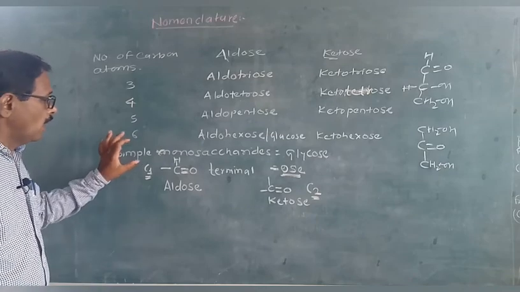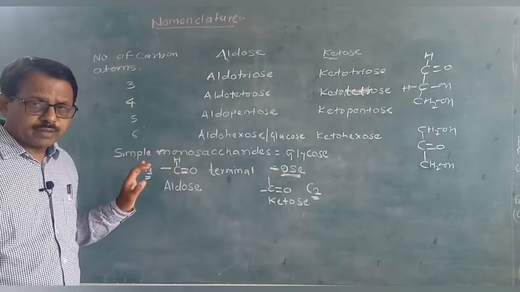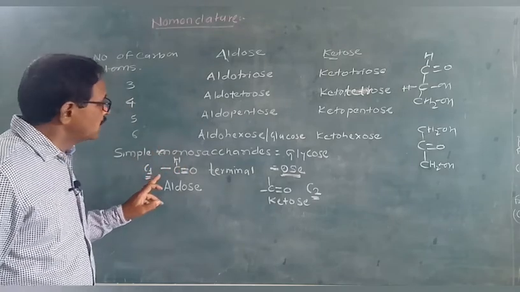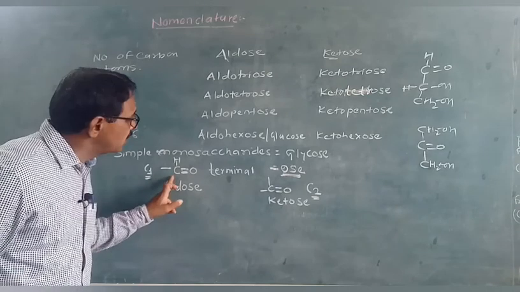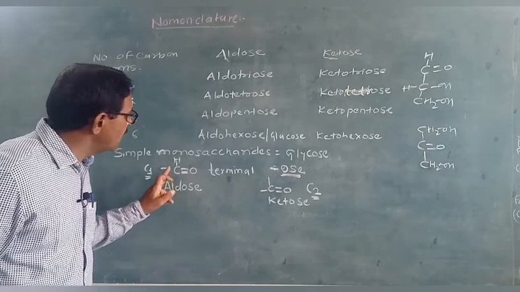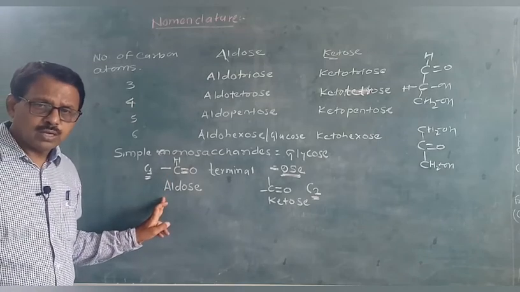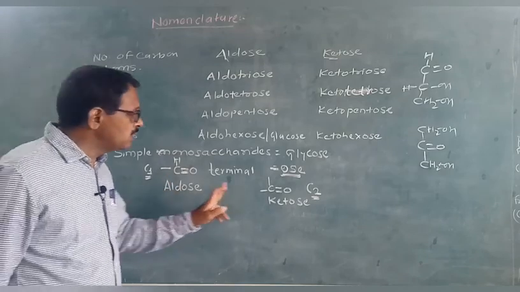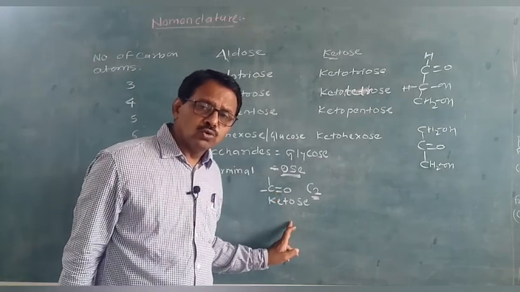Now, in these simple carbohydrates, in a few carbohydrates there is an aldehyde group, and if there is an aldehyde group, that sugar is known as aldose. And if a keto group is there, that sugar is known as ketose.